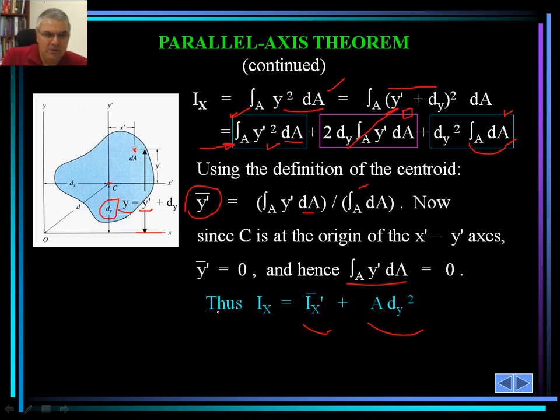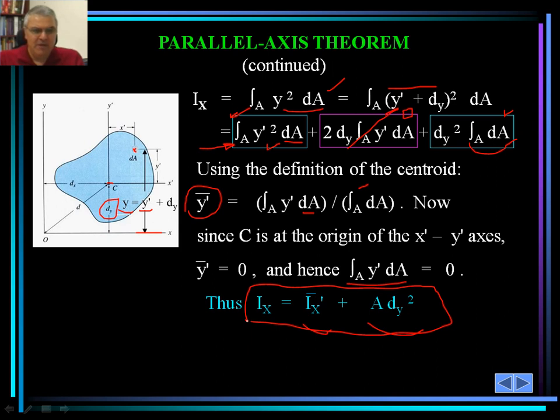So this is really the parallel axis theorem. Every time we would like to take the moment of inertia of an area with respect to another axis that is parallel to its axis that passes through the centroid of an object, we are going to use this parallel axis theorem.